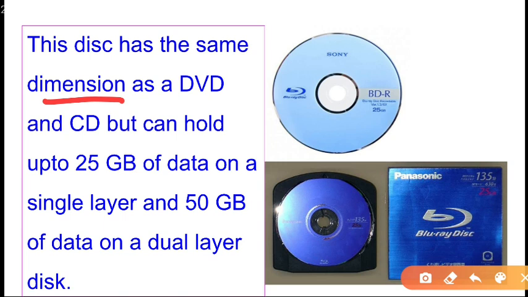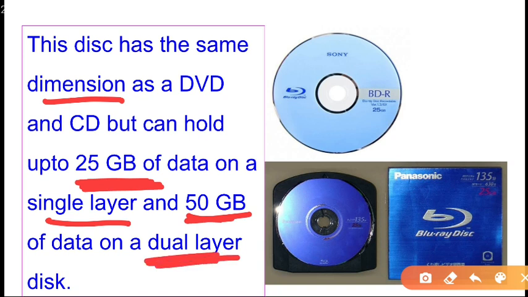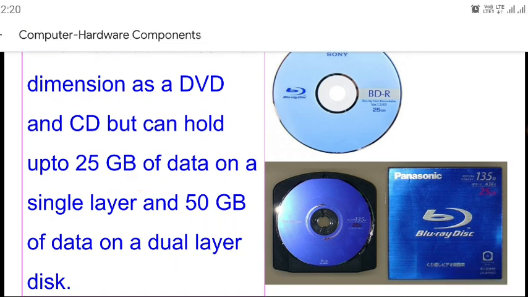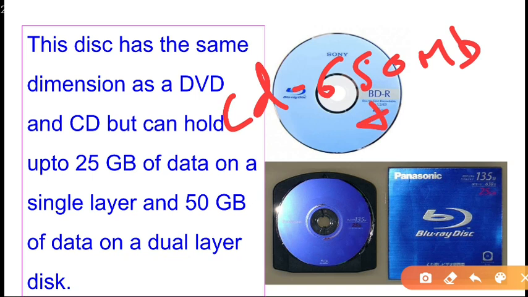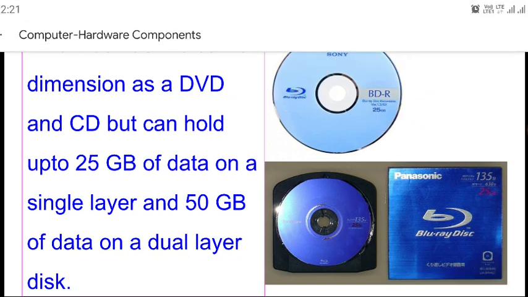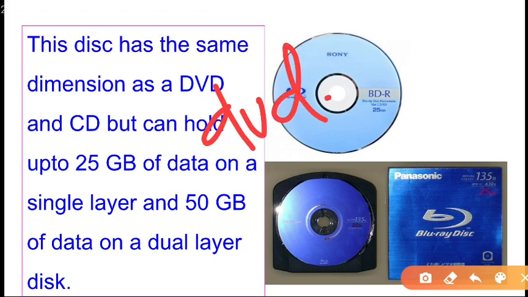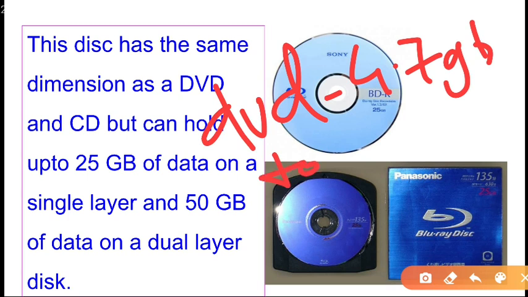But a Blu-ray disc can hold up to 25 GB of data on a single layer and 50 GB of data on a dual layer. Now you saw that a CD can store 650 megabytes to 900 megabytes. Then we saw that a DVD can hold 4.7 GB to a maximum of 17 GB.